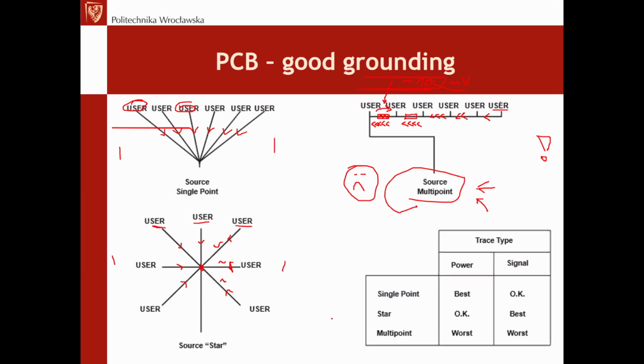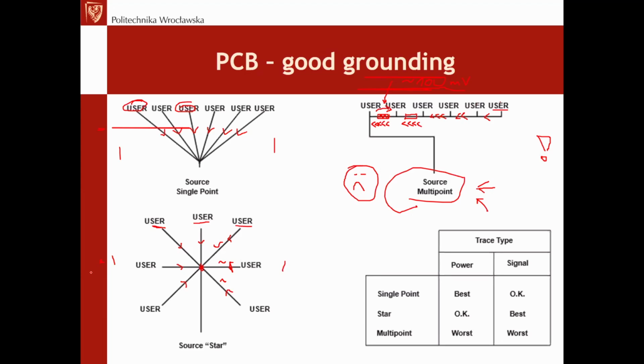Remember that in real applications, on real PCBs, we've got hundreds of so-called users, because each grounding is connected everywhere to many components. It is always better to use this technique or this technique, but it's not always feasible to build a PCB utilizing only those techniques.